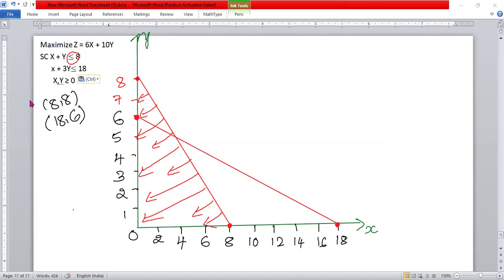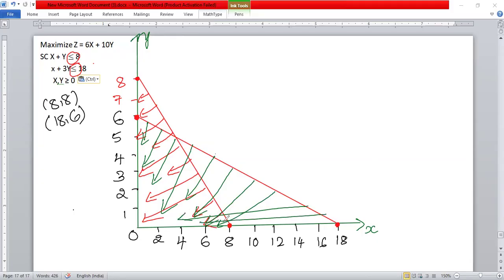So that is also less than or equal to, which means inside the horizon. Inside the horizon. Yes.